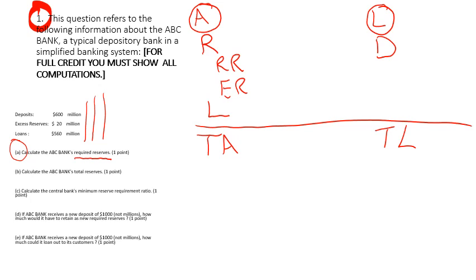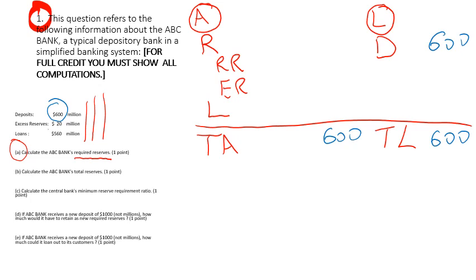Now, let me switch colors. So what are we told? We're told, first of all, that deposits are 600, which means that total liabilities are 600, which means that total assets will be 600.